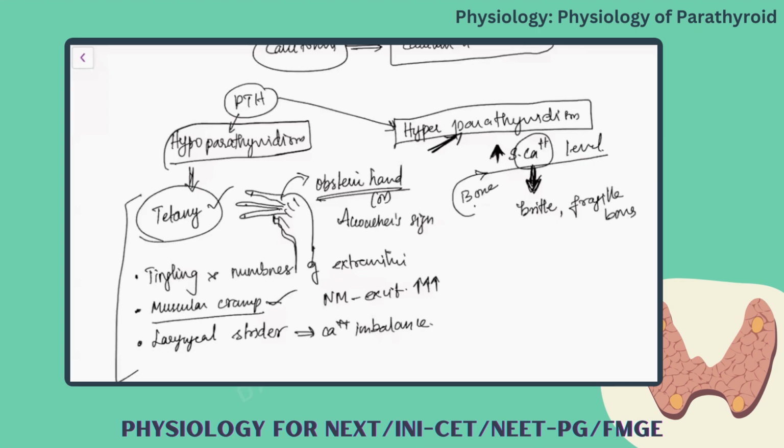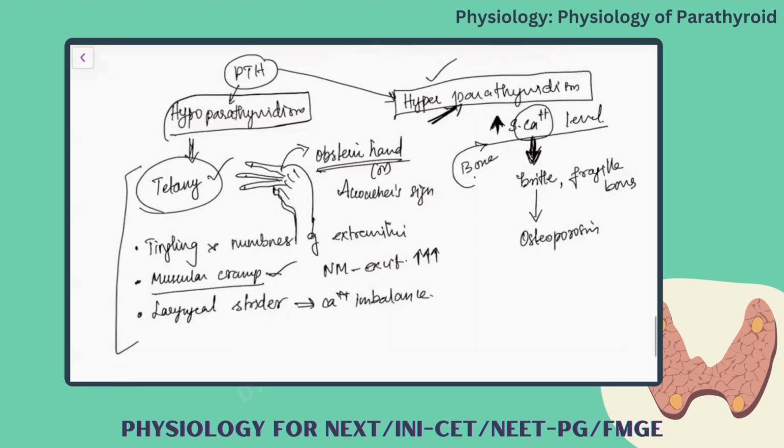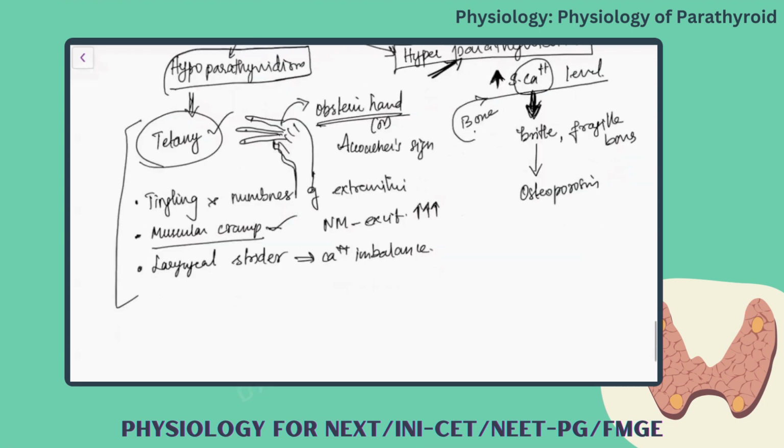fragile bones. What do you term the condition as? Osteoporosis, due to excess of parathyroid hormone. It removes all the calcium from its stores, from the bones, everywhere it removes. And if this is also seen in the cavities, you term it as osteitis fibrosa cystica.